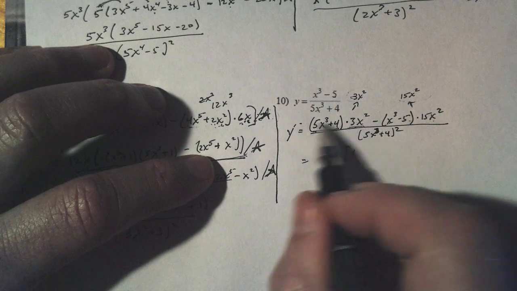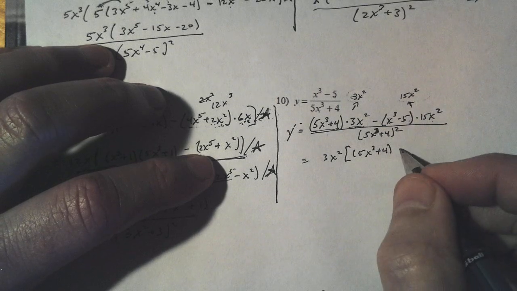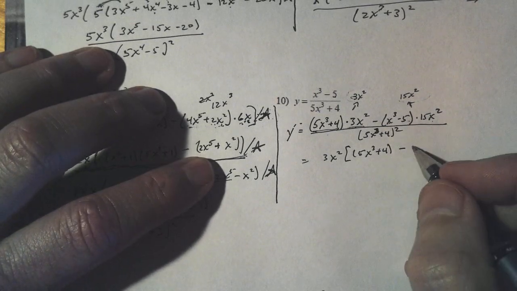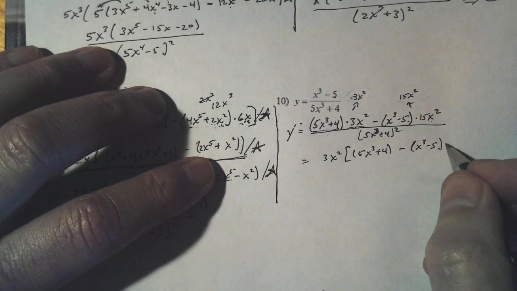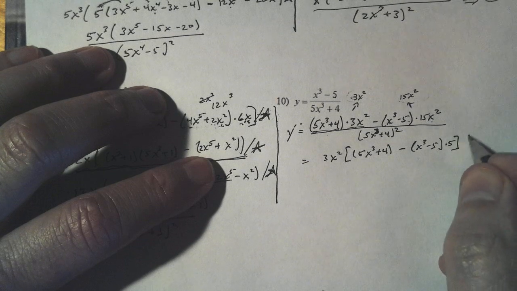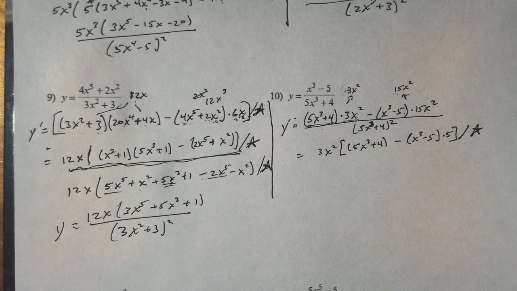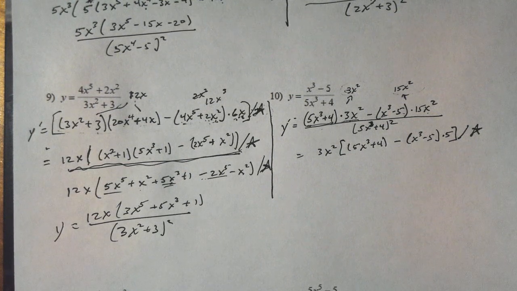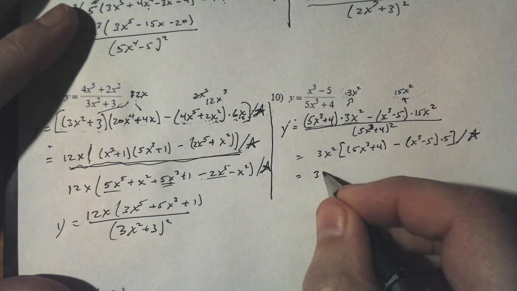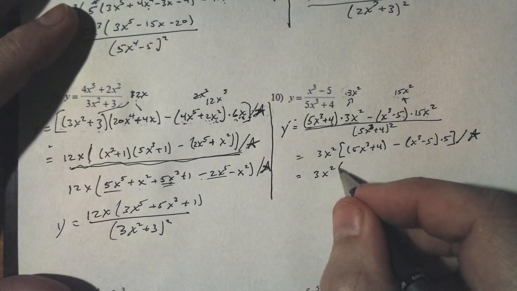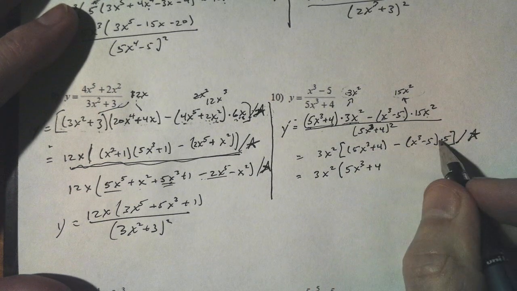If I take a 3x squared out of this first term, I'm just left with 5x cubed plus 4. Minus, I didn't take out the x cubed minus 5. If I take a 3x squared out of this, I'm just left with 5. So love getting those constants. 12 is going to be a little bit easier than 7, 8, and 9. It's going to be more like this one. So equals 3x squared. Let's see, I've got 5x cubed plus 4.